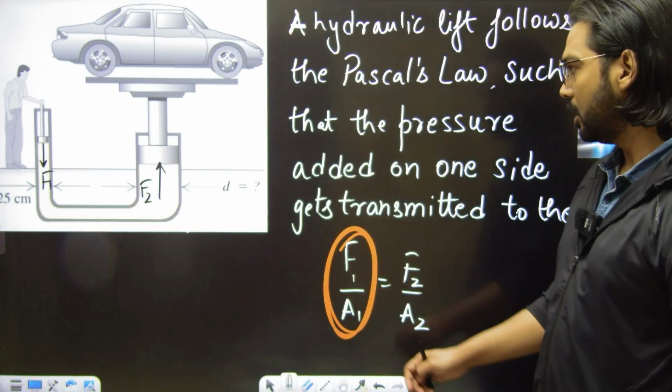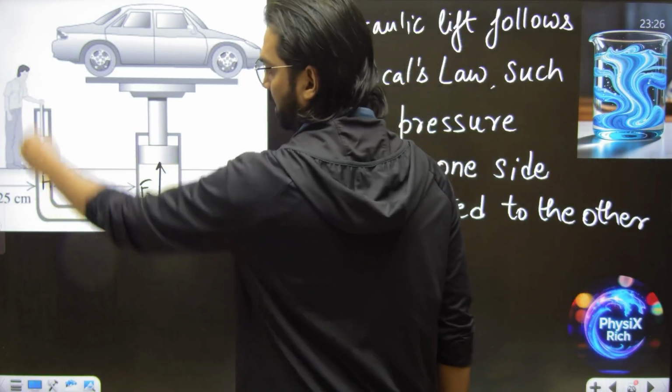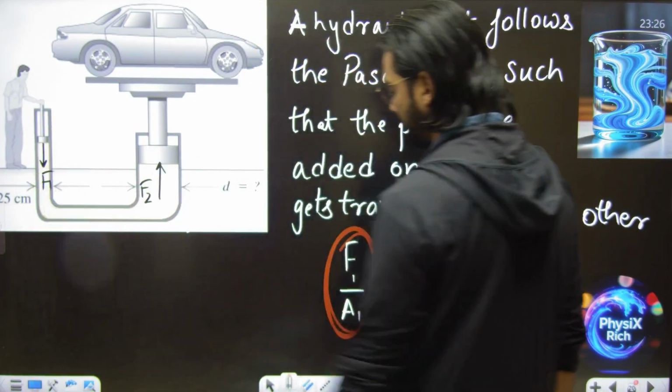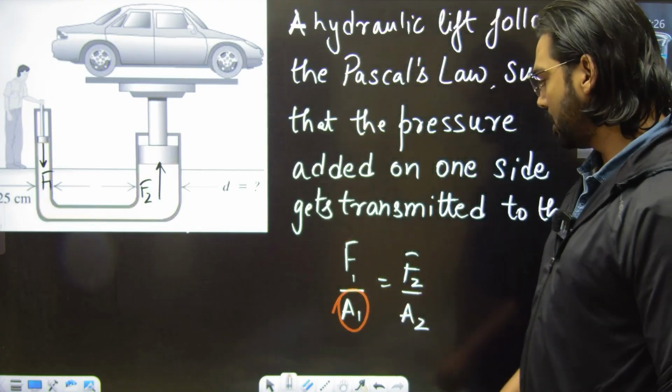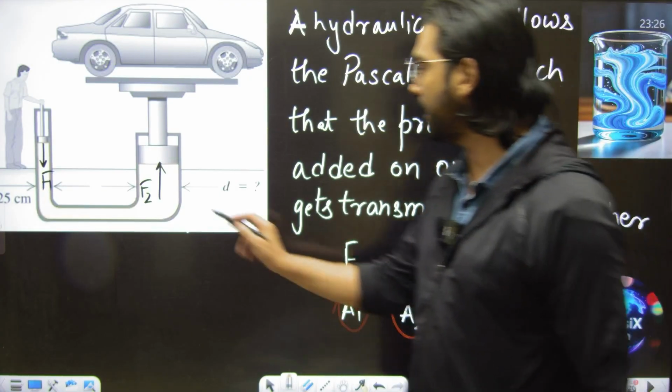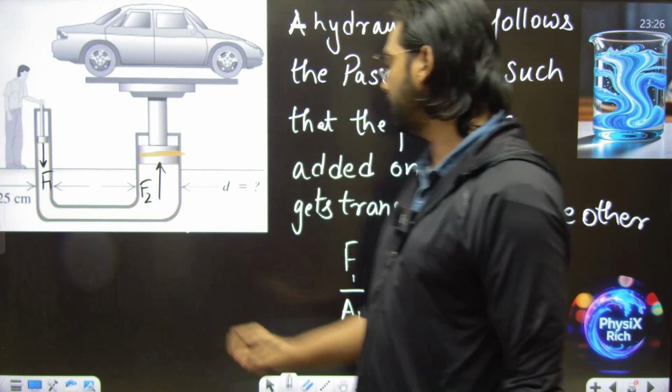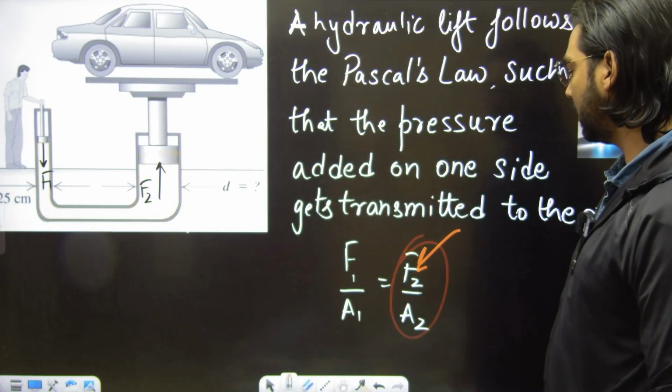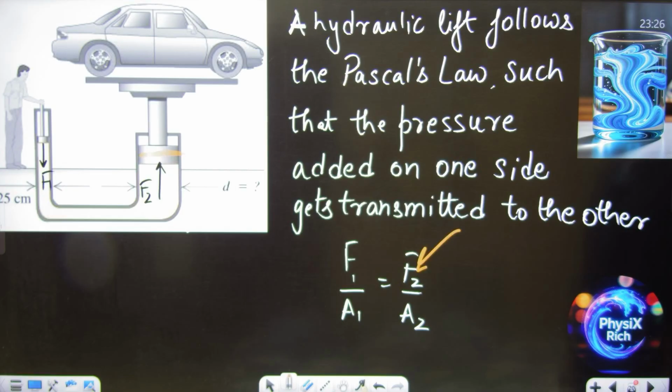The pressure is the force that he's applying divided by his area. And this pressure gets transmitted perfectly. And if this area is very big, then the force that gets generated over here is actually quite large.